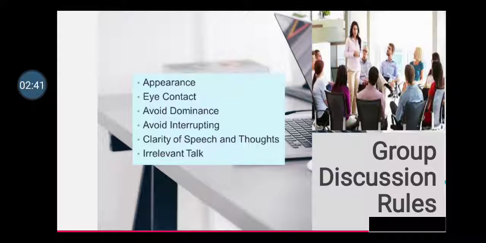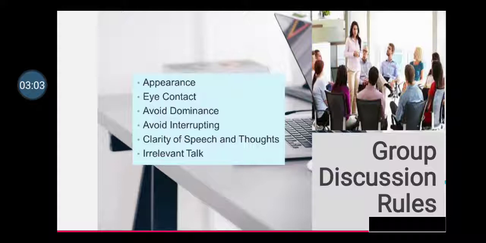For example, "I am sorry to intervene, but considering the time limit, I may miss putting forward my point, so I would like to say that," and then you say your own point. In this fourth rule, avoid interruptions, we will give you more detail about the useful phrases to be used in group discussion in later videos.